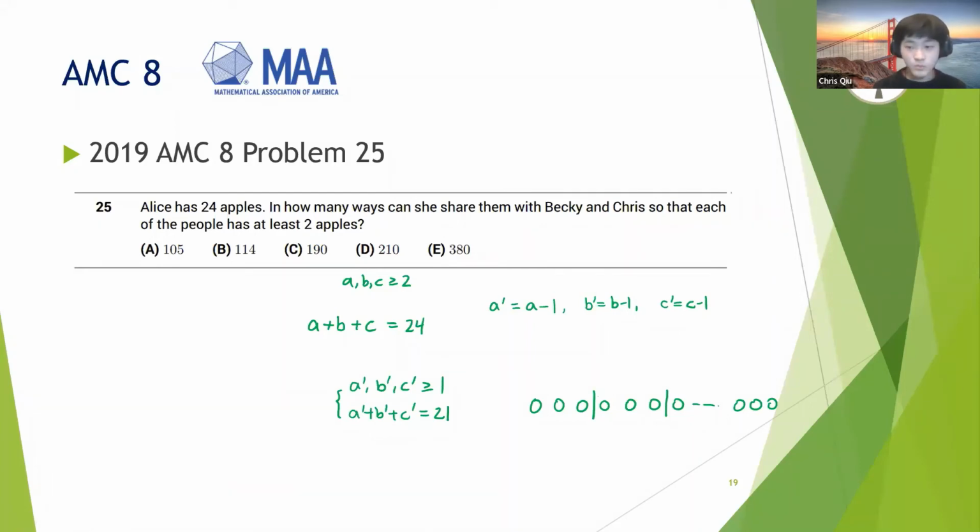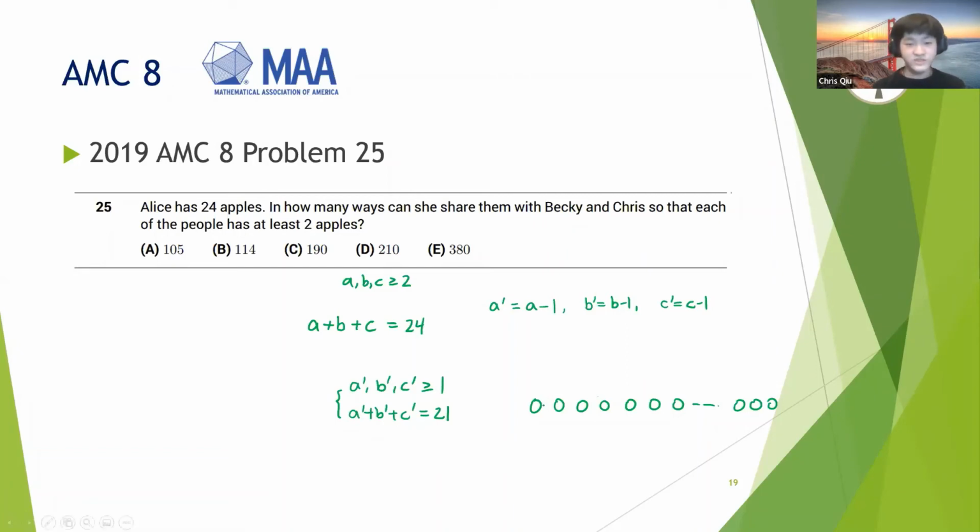So that means we cannot have any sticks directly next to each other, so we can't put 2 sticks between any given 2 stones. And also we can't put any sticks at the end, because if we put a stick at the end, we're going to have a group of 0 stones, which is not what we want because of this condition.